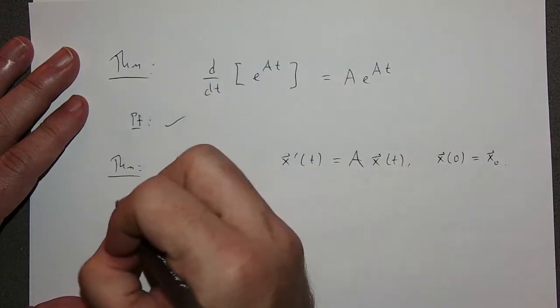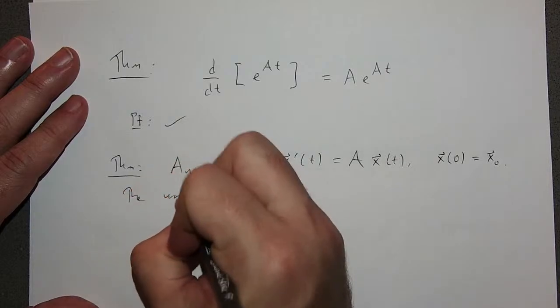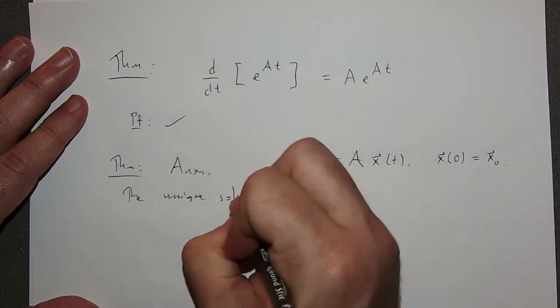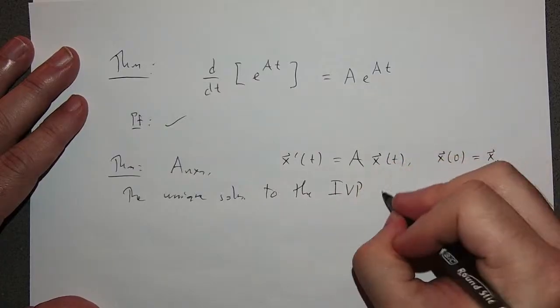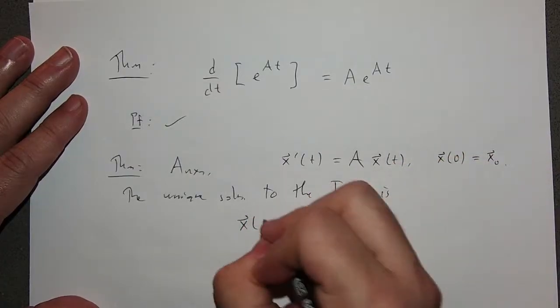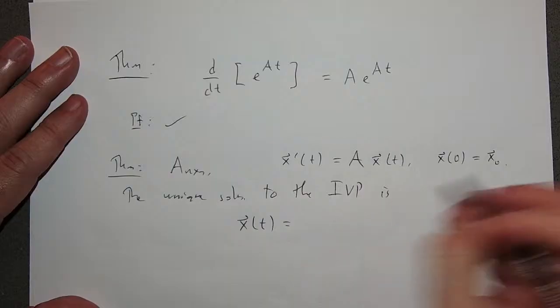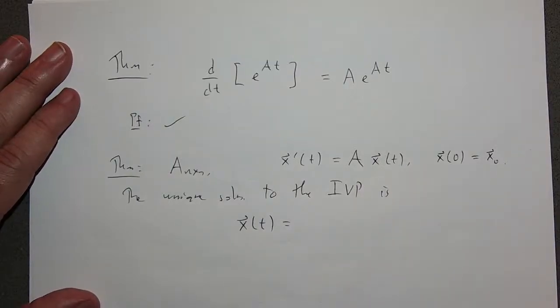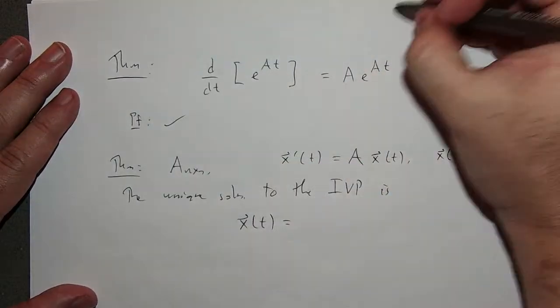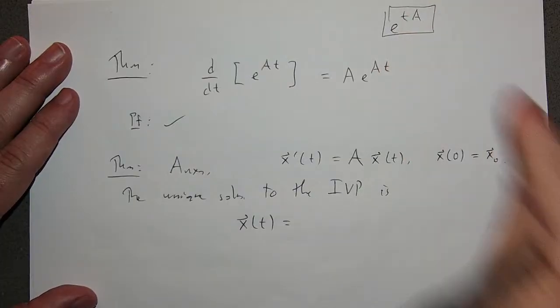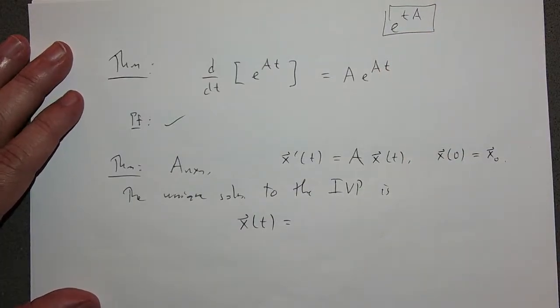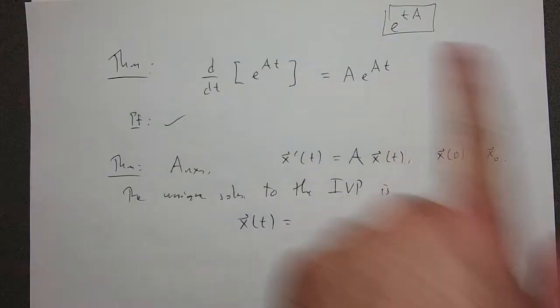The unique solution to the IVP is x of t equals, typically, and this is the notation that we use, we write the t first because it's like a scalar multiplying the matrix.